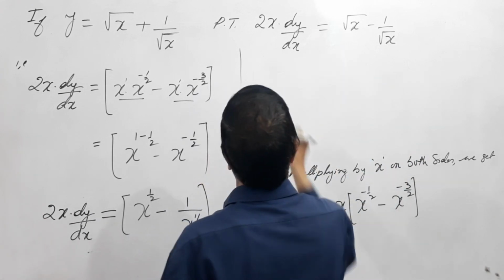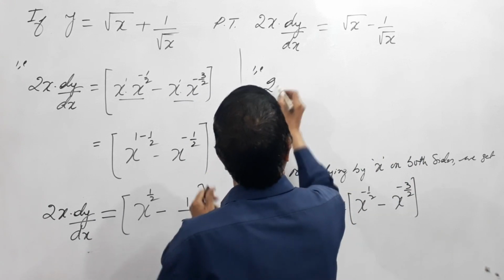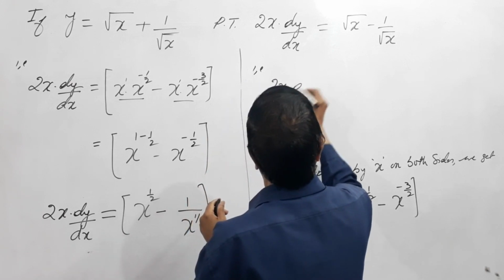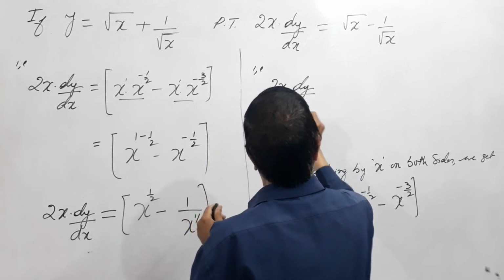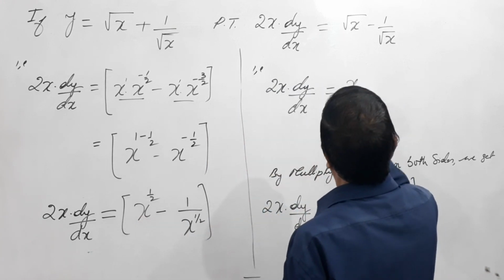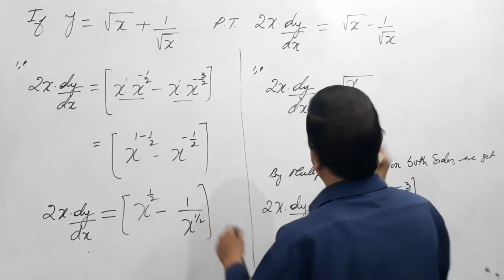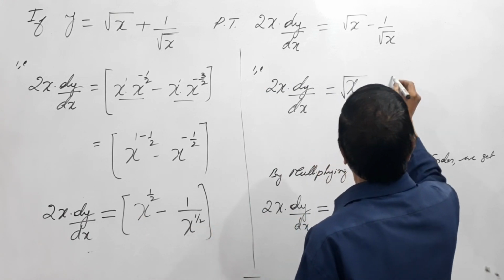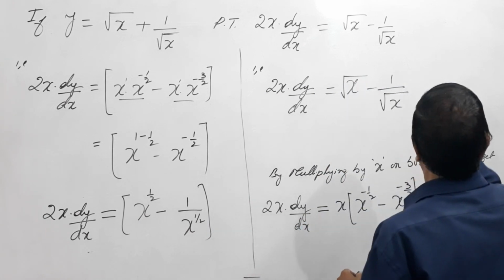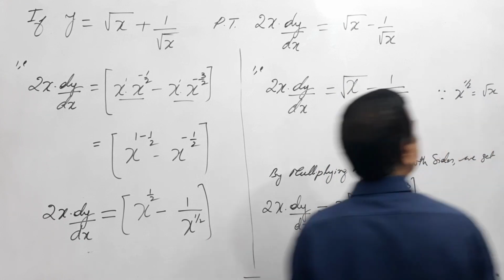So 2x into dy by dx equals what? This is x to the power of half, which is nothing but root x, minus 1 by root x, since x to the power of half equals root x.